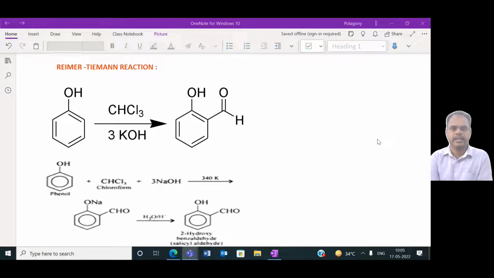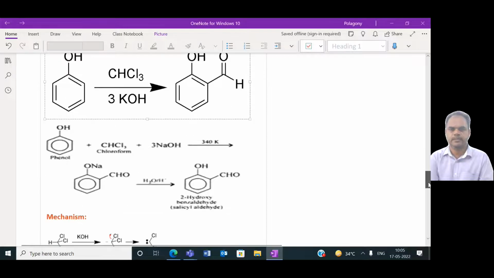So let us see the mechanism of the reaction.